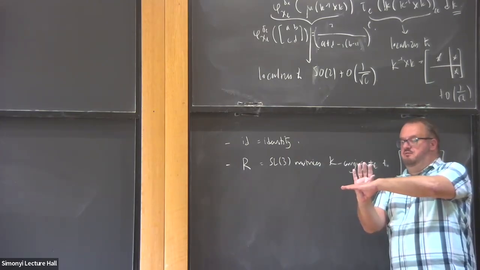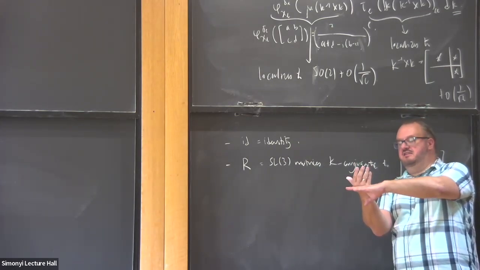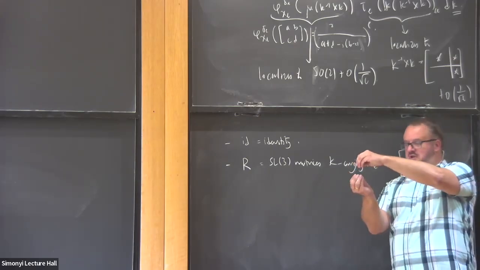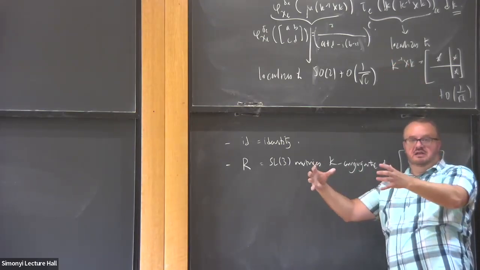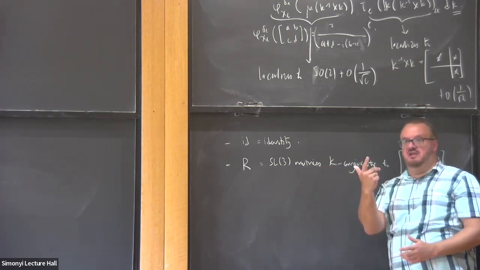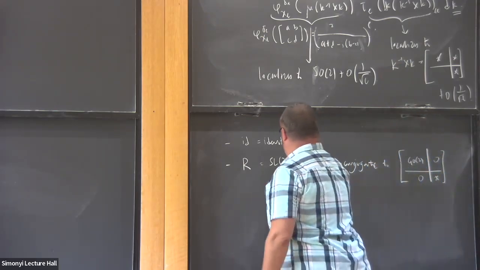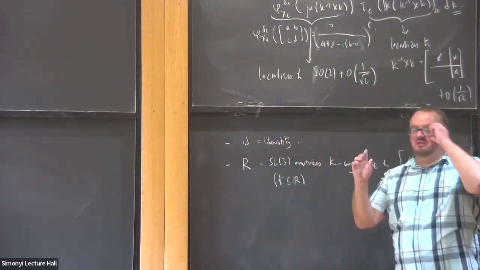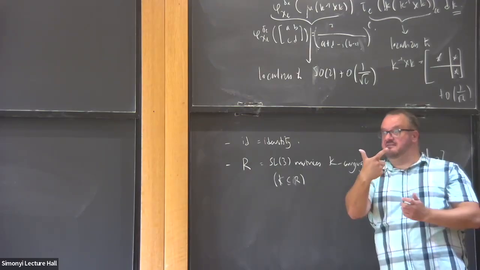So these are matrices that rotate in one plane, and then they're additionally allowed to dilate in one direction and contract in the other direction to compensate for that. Does that make sense? It's like a rotation dilation. In particular, this contains K, the maximal compact, because every isometry in R3 is a rotation around an axis.